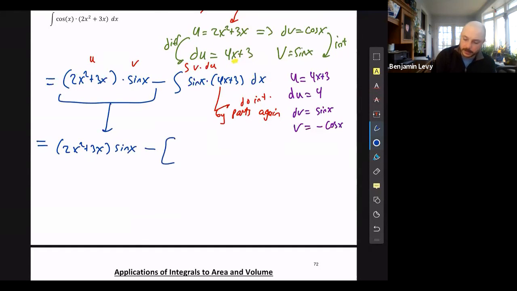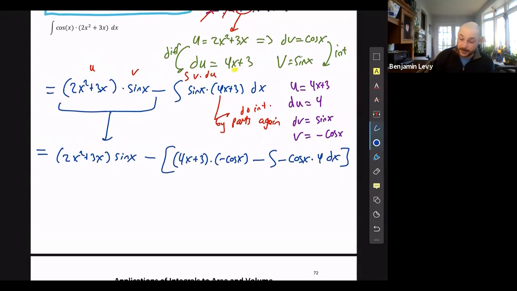So it's going to be u v minus integral v du. And again, this is an indefinite integral. If it was a definite integral with bounds, it would be even crazier because then we have to plug stuff into each one of these things.